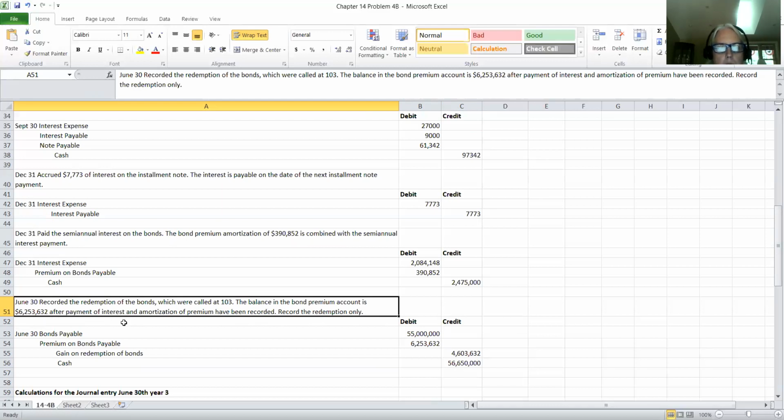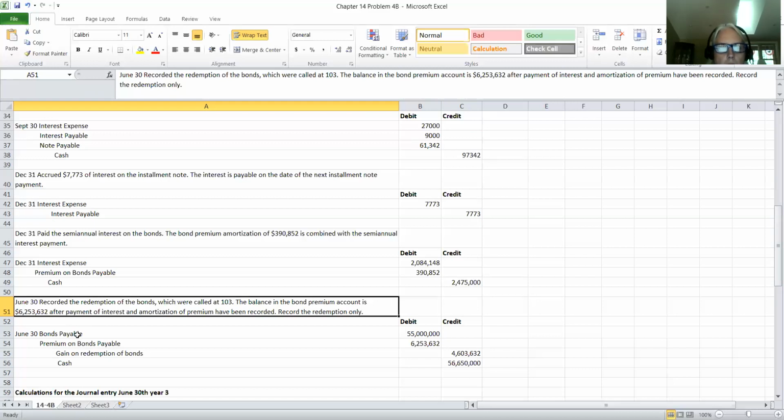After the payment of interest and amortization of the premium have been recorded, they want you to record the redemption only. That means that we are redeeming our bonds back off of the market.